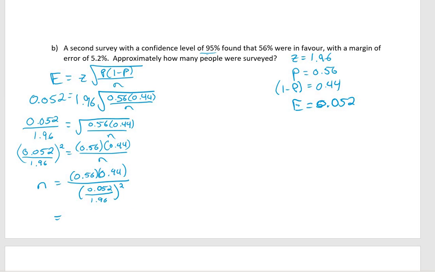Don't round in the middle. If you calculate in pieces, keep lots of decimal places. And if we work all this out on the calculator, 0.56 times 0.44 divided by, in brackets, 0.052 divided by 1.96, close the brackets, all squared, I get 350.06.